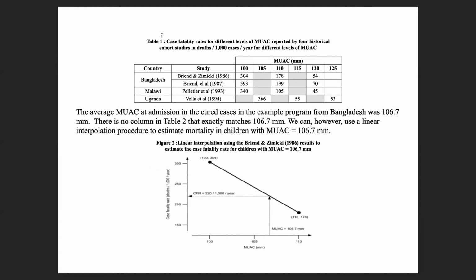We got 2 studies from Bangladesh, which was good for us because we're looking at Bangladesh, and then 1 from Malawi and 1 from Uganda. We see MUAC 100 to 125, and we see the mortality rates there. The top one for Bangladesh from 1986 at 100 millimeters would give 304 deaths per 1,000 children per year.